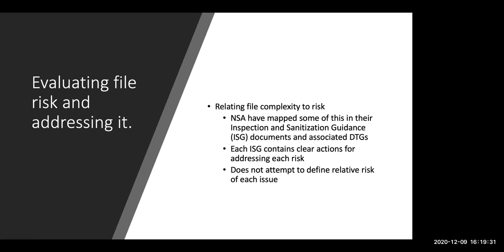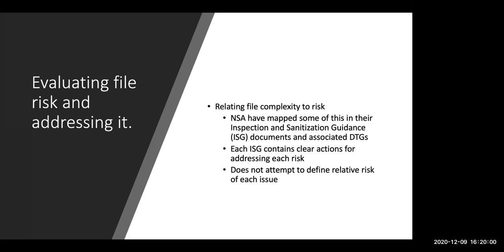And if you're evaluating any CDR solution, one potential thing to look at is how many of those high profile ISG elements any solution deals with in a given file type. There's a relatively easy measure of that if you look at what the ISGs contain as clear actions for addressing each of the risks it highlights.